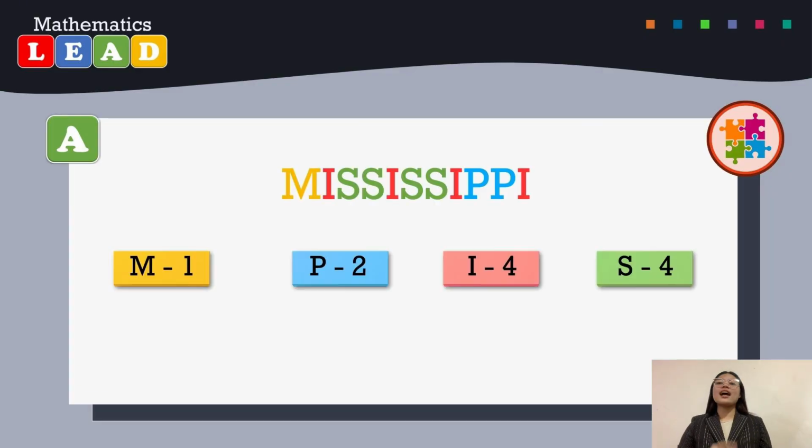In fact, M appears once, P appears twice, I appears 4 times, and S appears 4 times. If we tried to arrange all these letters in different ways, do you think we'd get a huge number of possible arrangements? Yes, absolutely. Even with repeated letters, the number of possible arrangements can be surprisingly large.